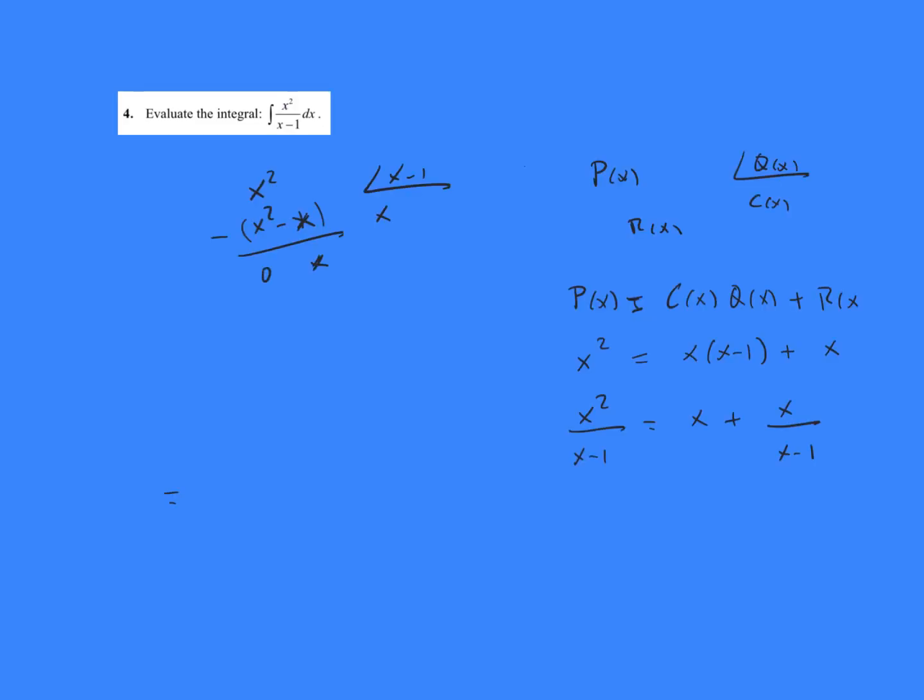Now, in this integral, we perform long division. When you have a polynomial like x squared and you divide by another polynomial, you use long division. And long division says that the result of the division of two polynomials is not a polynomial, it is a function that normally contains an asymptote.